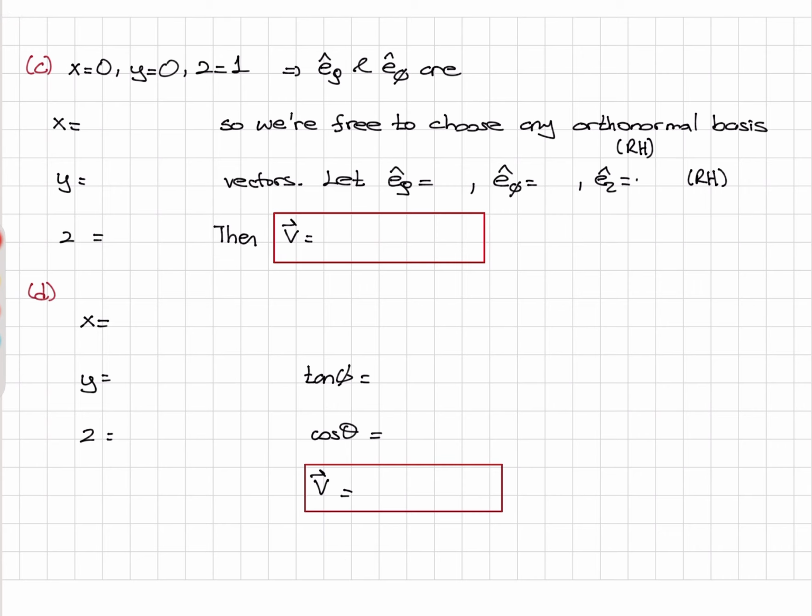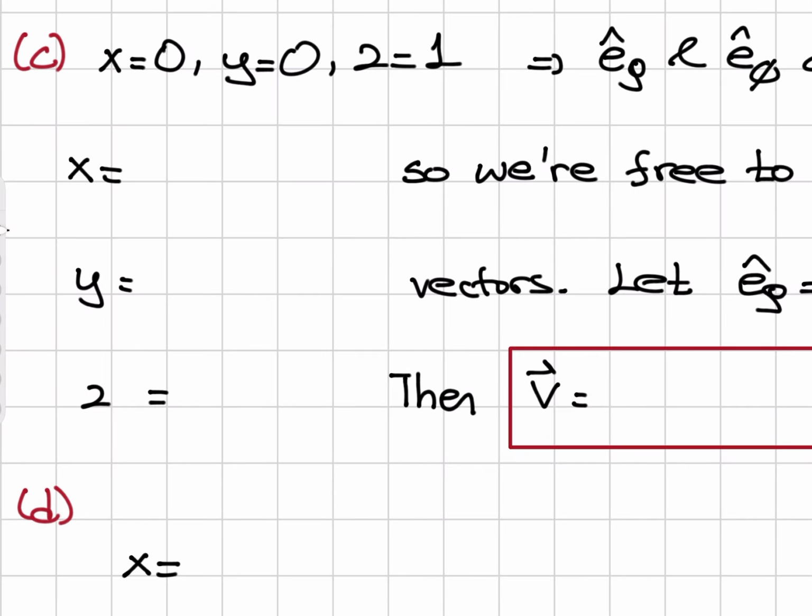So with that, the coordinate transformation equations: x is equal to rho cosine phi must be equal to 0, and rho sine phi must be equal to 0, and z is equal to z must be equal to 1.